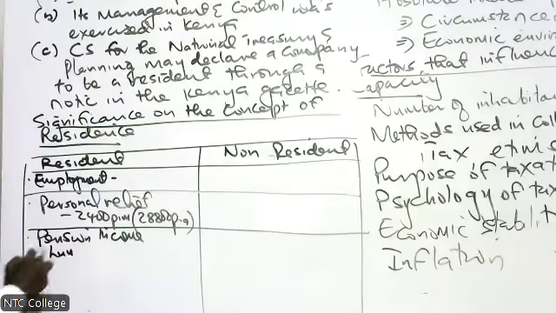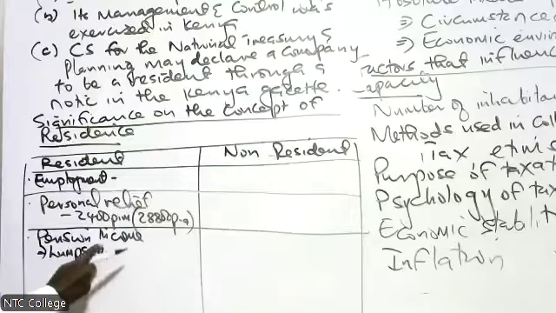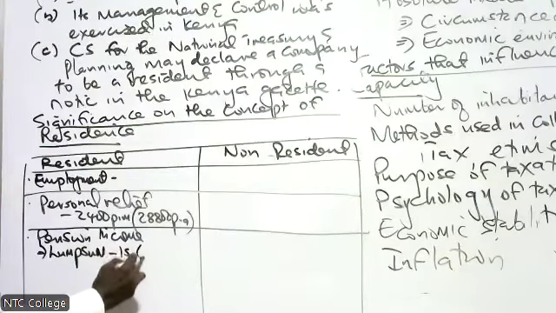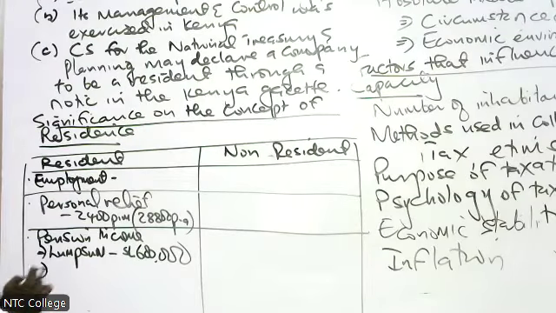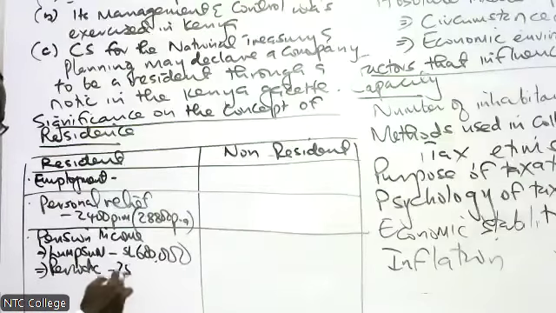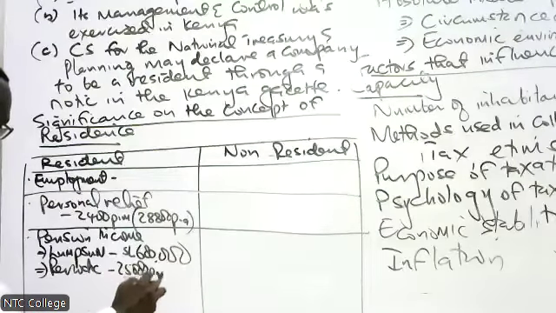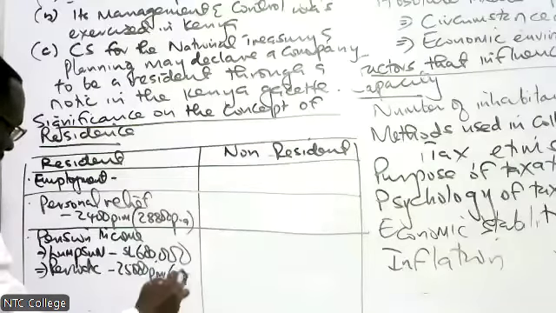If you're paid lump sum, which means a one-off payment, then the first 600,000, we discussed this under purposes of taxation, will be exempted from tax. They'll only tax what is above that if you're a resident. And then if you're being paid monthly or periodic amounts, then the first 25,000 per month or 300,000 per year will be exempted from tax.